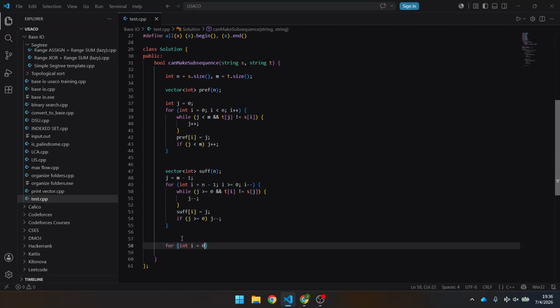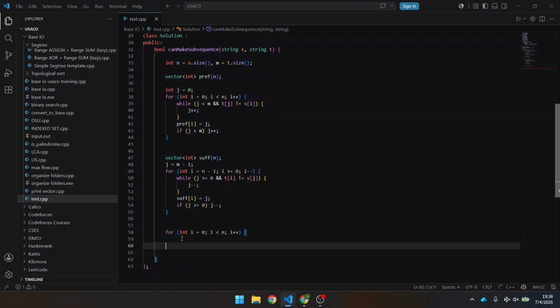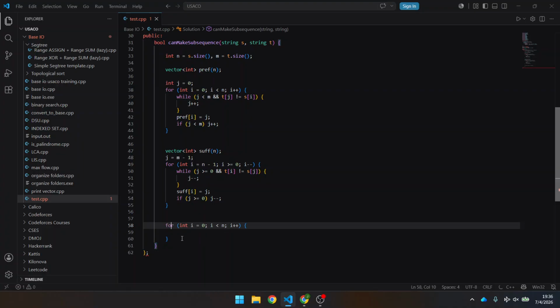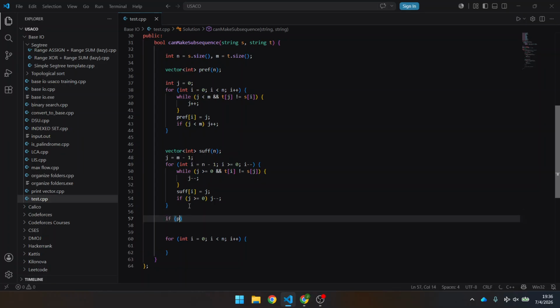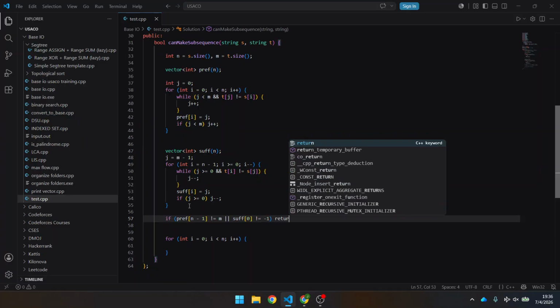Okay, for int i is 0, i smaller than n, i plus plus, if pref[n minus 1] is not equal to m, or suf[0] is not equal to negative 1, return true.